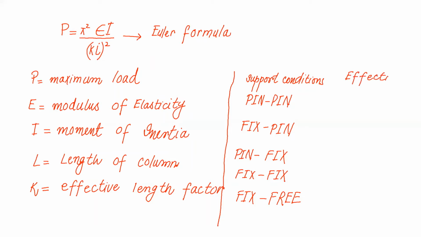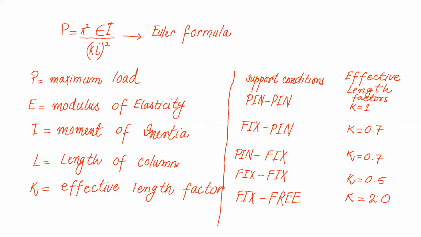Effective length factors. So K is equal to 1, K is equal to 0.7, K is equal to 0.7, then K is equal to 0.5, then K is equal to 2.0.